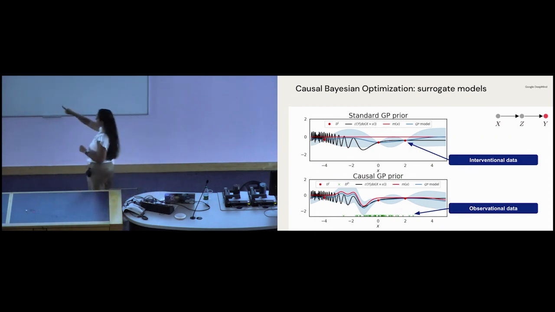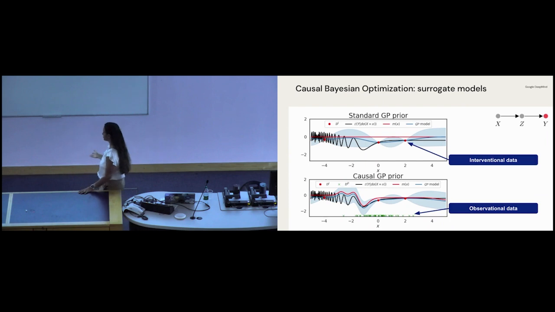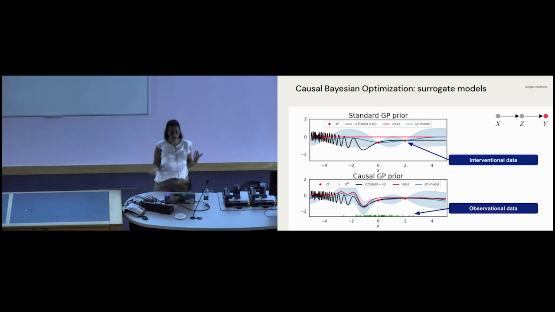You see in green all of these crosses at the bottom of the plot between -2 and 2, because naturally when I observe the system, I observe z values between -2 and 2. And you can see that the mean function, both the prior and the posterior, are capturing this drop of the function between -2 and 0, because that's where I observe observational data. And so by just collecting 3 points, I have identified basically what the minimum is, and I can do an intervention on z at -1.5.